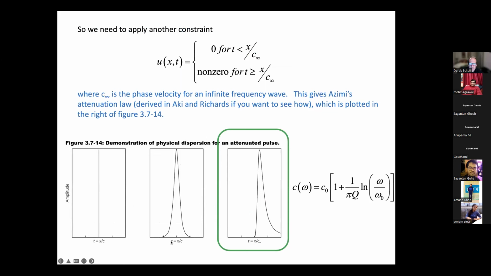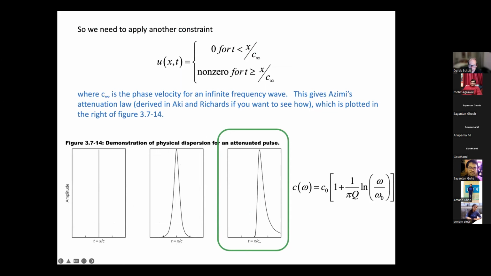If we just apply the formula for attenuation of a spring, we would have energy coming in at both sides of travel time equals distance over velocity.